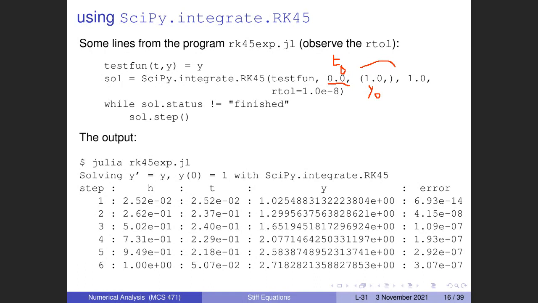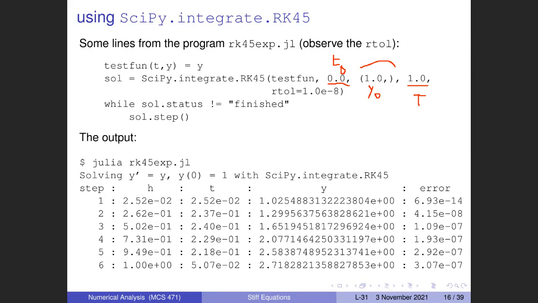So RK45 works for systems of first-order differential equations. Then the third numerical parameter is the end time. So we sometimes call this the capital T for the simulation interval from 0 to 1. Now, it is an adaptive step size control. We can give the relative tolerance as a parameter.